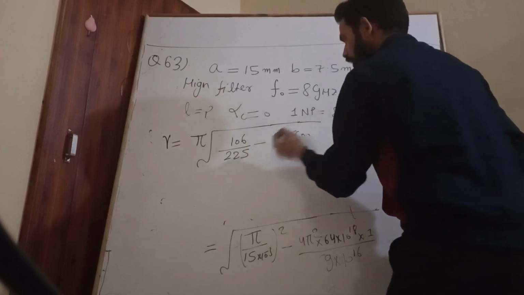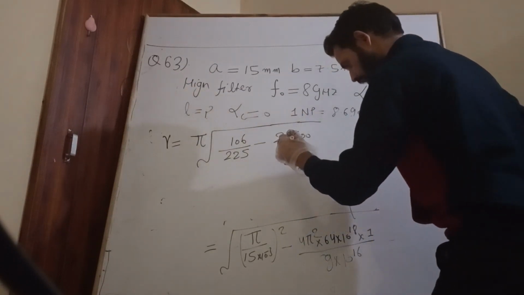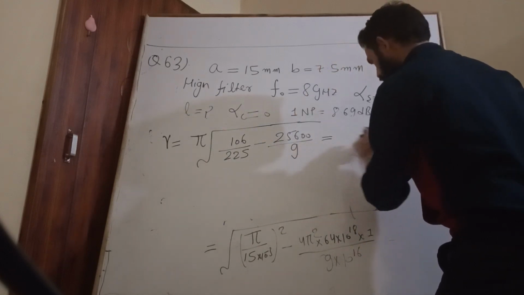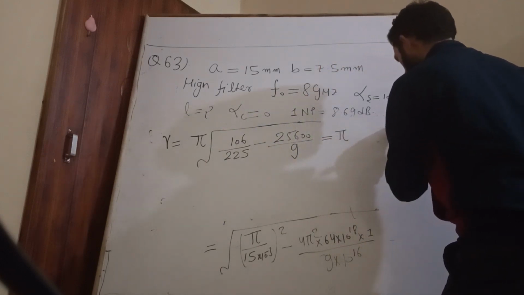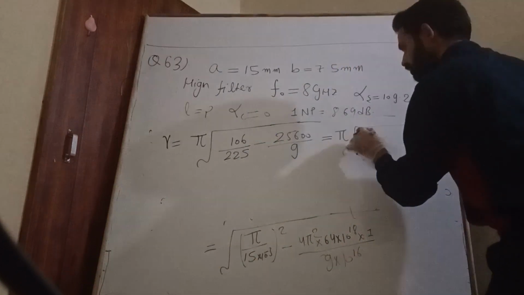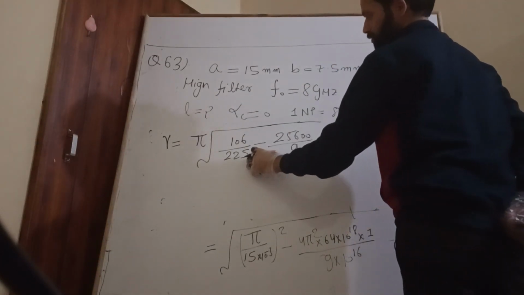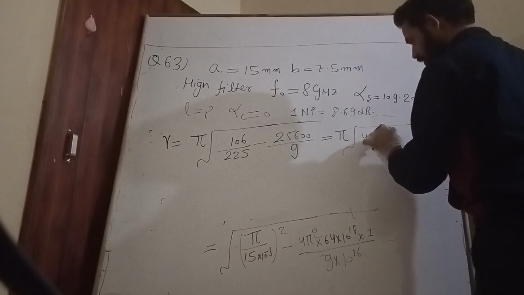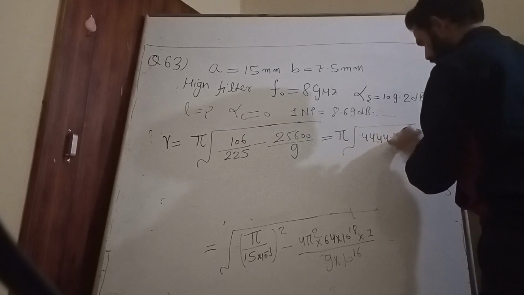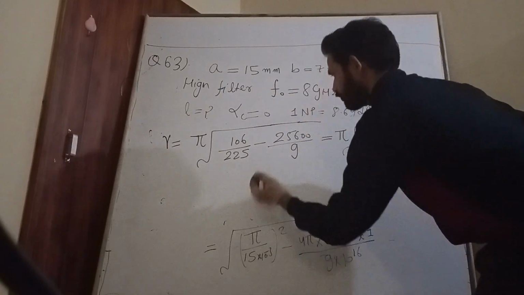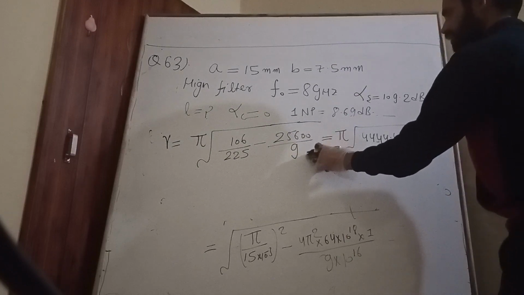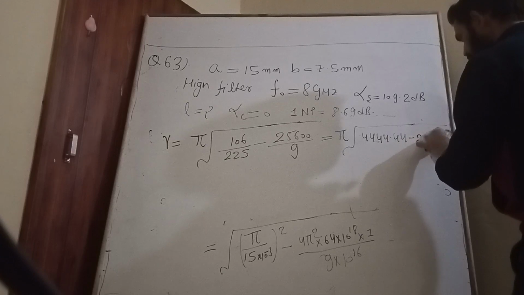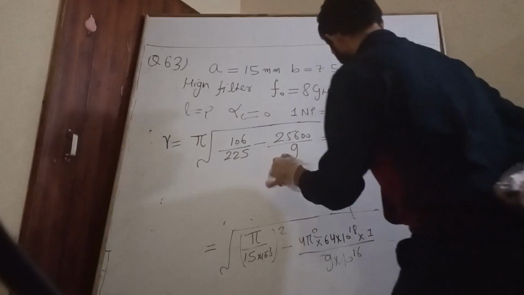Then we will solve this, and downside it is 9. Now this is pi into the square root of, if you solve this, 1 by 225 comes to 4444 minus, when we solve 25600 by 9, it comes to 2844.44.